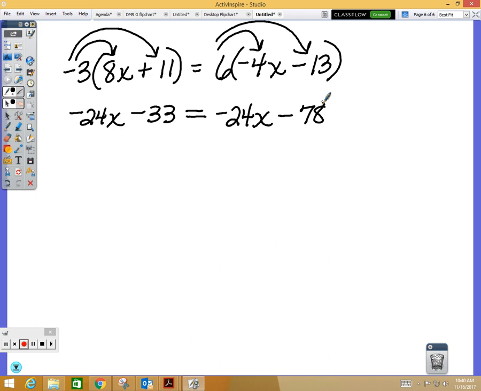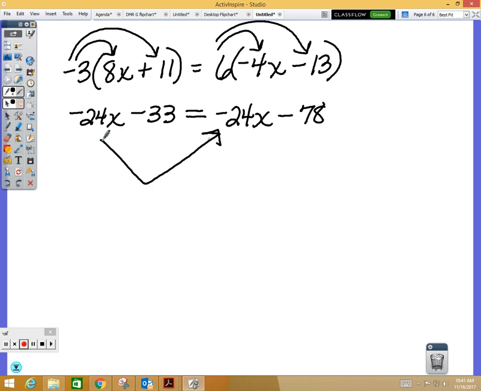Now, do you notice anything about this one? What do you notice, Tommy? Different constants. So in the last problem we just did, you had the same term, the term that had the variable was exactly the same, and the constant was the same. In this one, the term with the variable is the same, but the constants are different, okay?